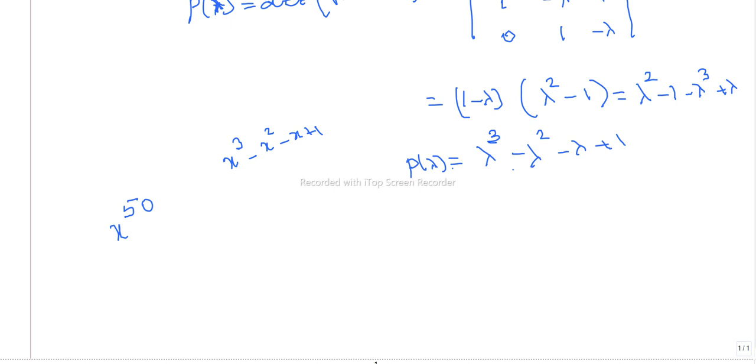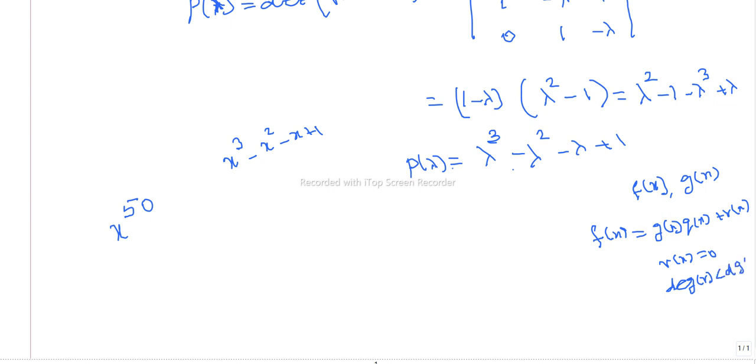Suppose f of x is one polynomial and g of x is another polynomial, with the degree of f of x more than that of g of x. We can write f of x as g of x into some quotient q of x, plus some r of x, where r of x is either 0 or has degree less than the degree of g of x.